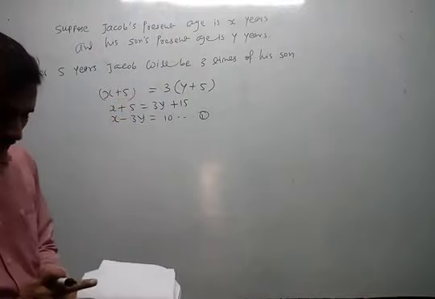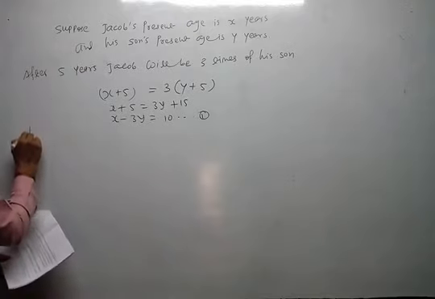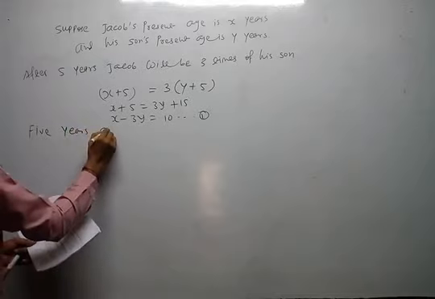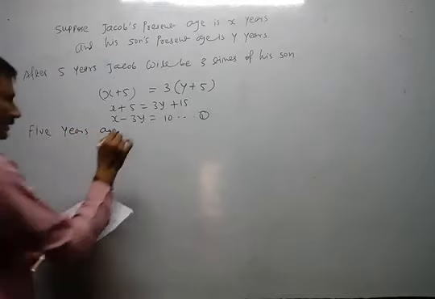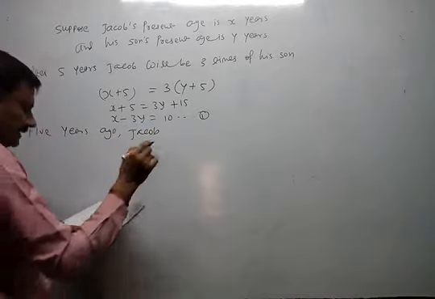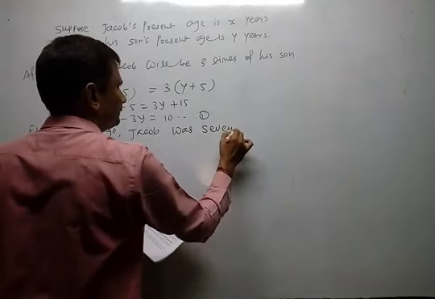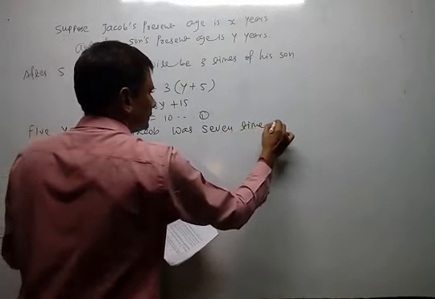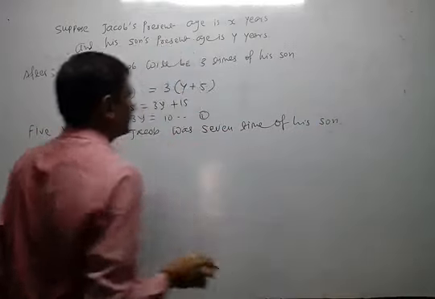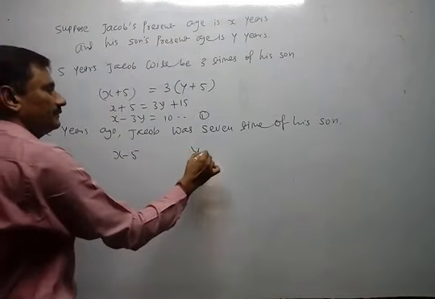Now likewise, the second statement, 5 years ago. Jacob was 7 times of his son. In the same way, 5 years ago means x minus 5 and y minus 5.